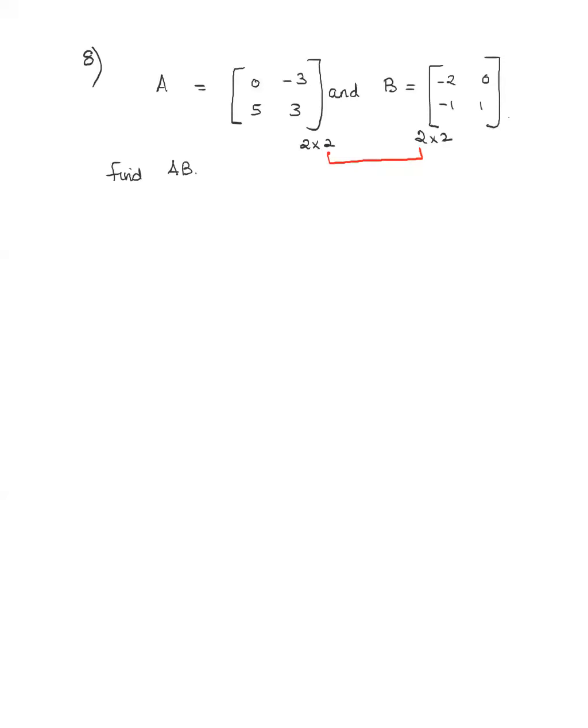Otherwise, the multiplication is not defined. Here both are true, so the multiplication exists. So let's see how to multiply them. It's AB equals, let me first write the matrix again.